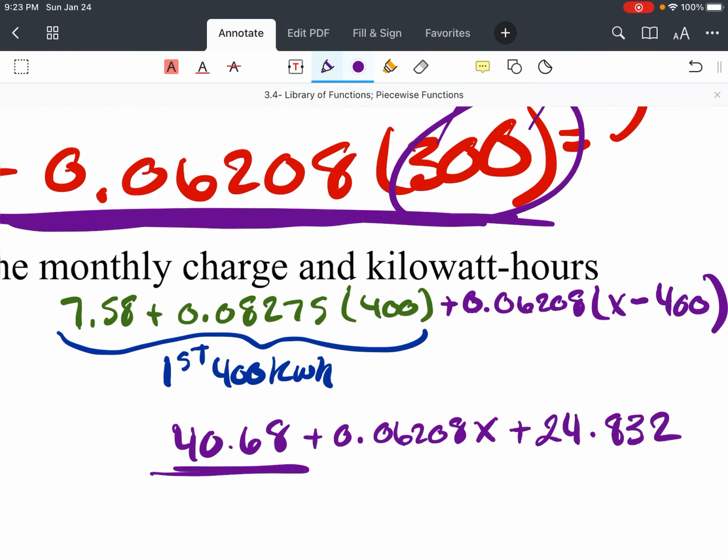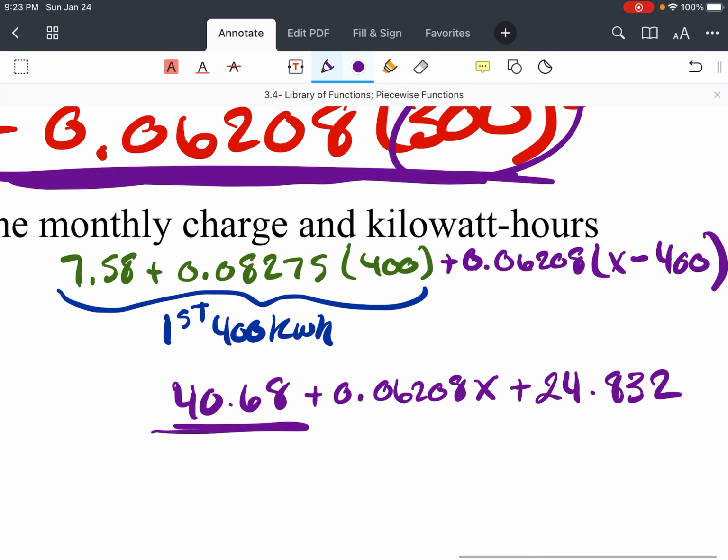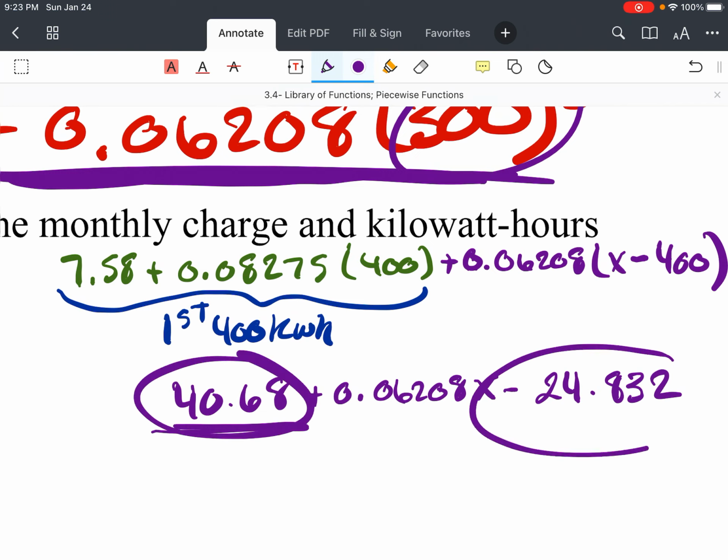Okay, and so again, this is just me simplifying. So this is again the first 400 kilowatt hours. All right, and then finally, we're going to combine terms. And I apologize, this should be minus. All right, so we're going to combine like terms.